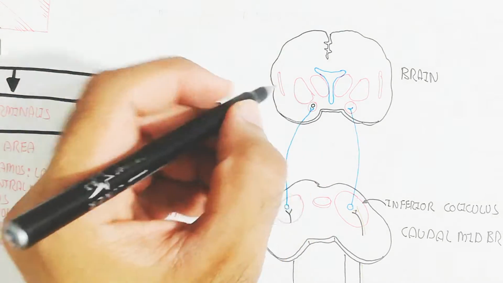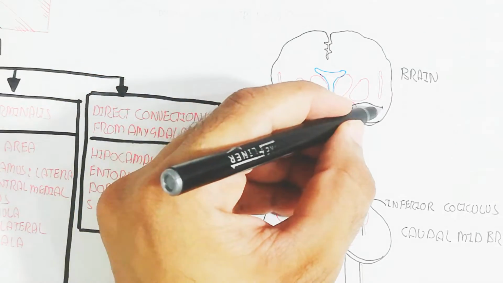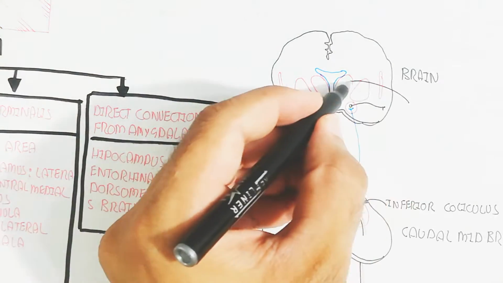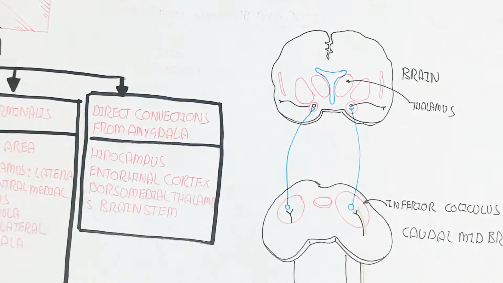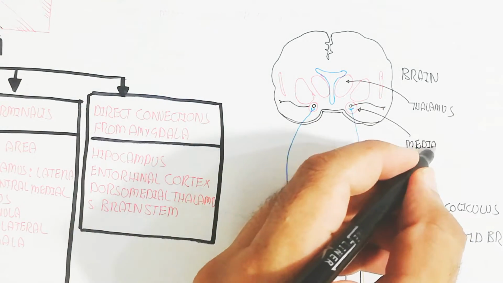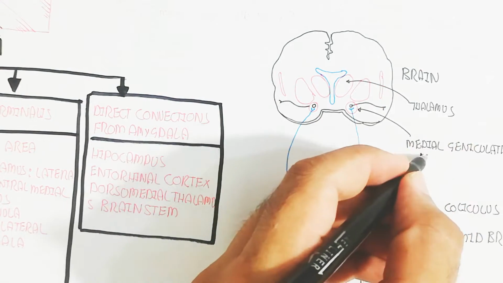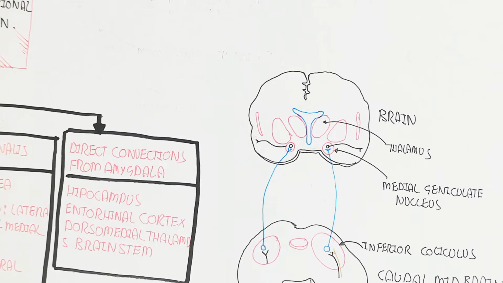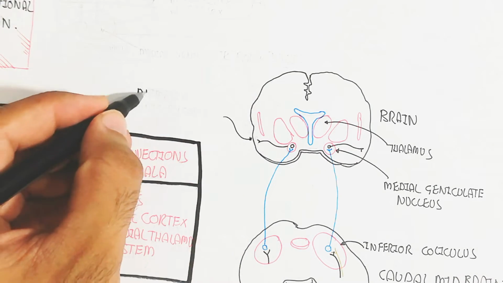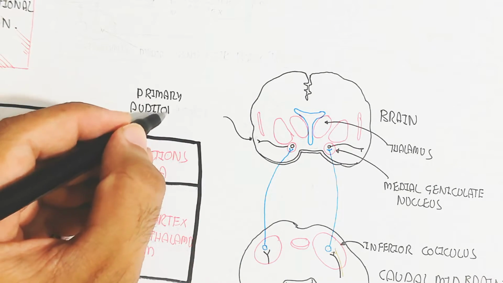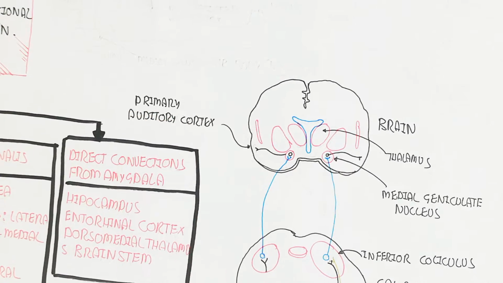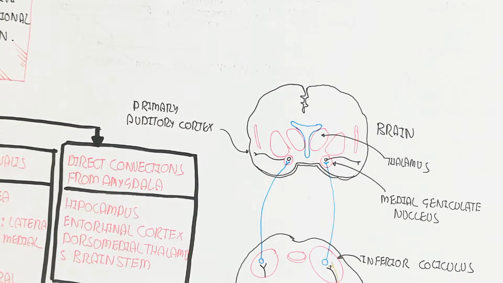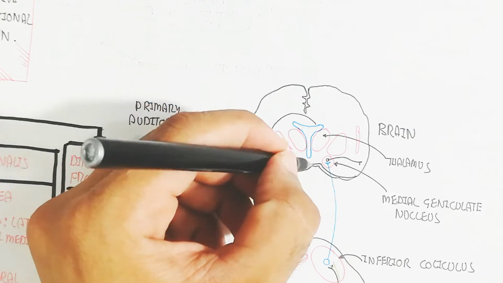That is why one ear containing an earbud lets both ears feel the sound. Here is the medial geniculate nucleus, which transmits the signal to the brain, and after this, the medial geniculate signal is transmitted to the primary auditory cortex.